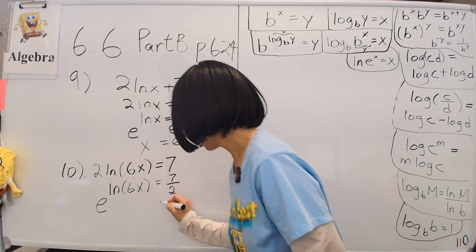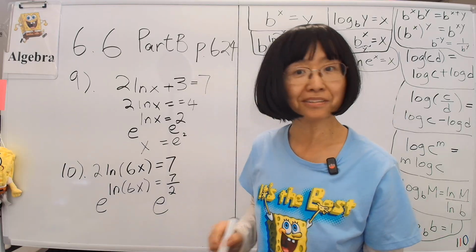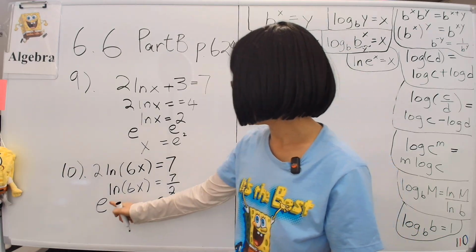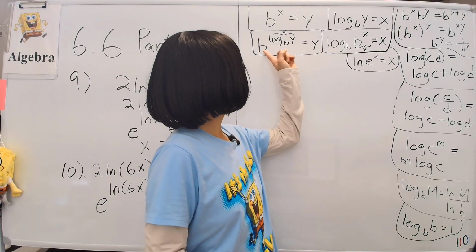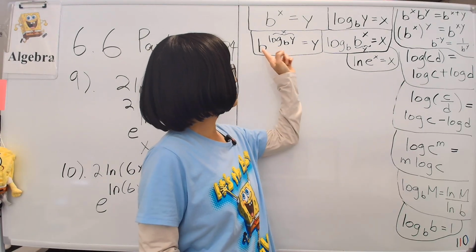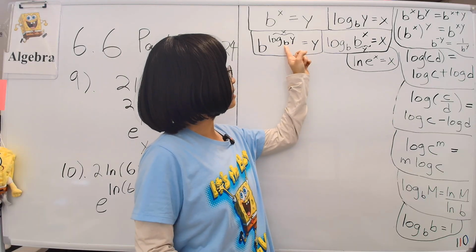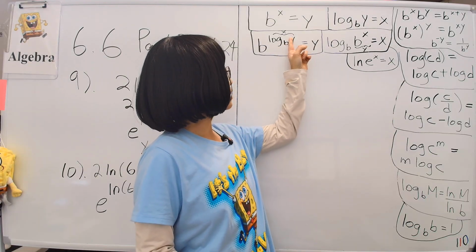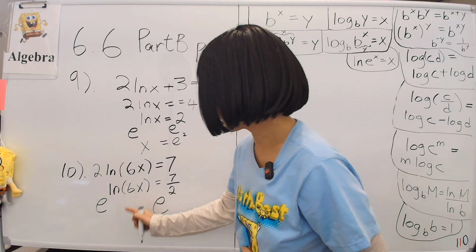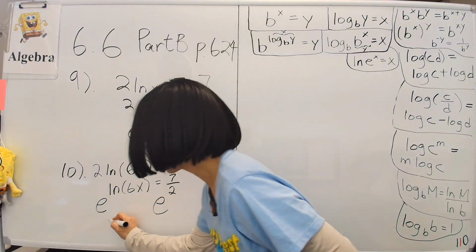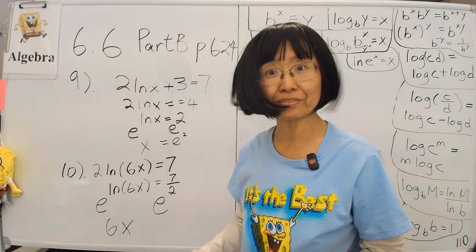This e is to the entire power 7 over 2, the whole number. And e and natural log will cancel out, as I show here. Pretend b is e, right? e to the power log base e, which is the natural log, of some number is the number itself. So e to the natural log of 6x is 6x. It cancels it out. That's how we get rid of the natural log.